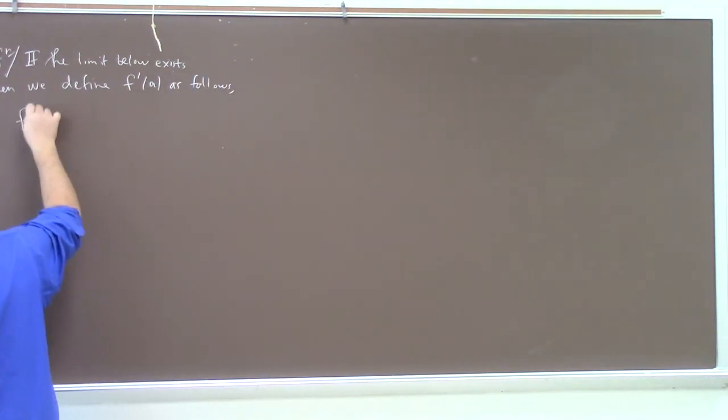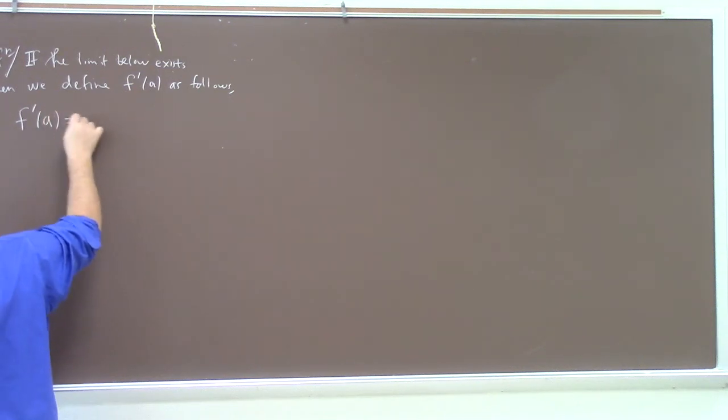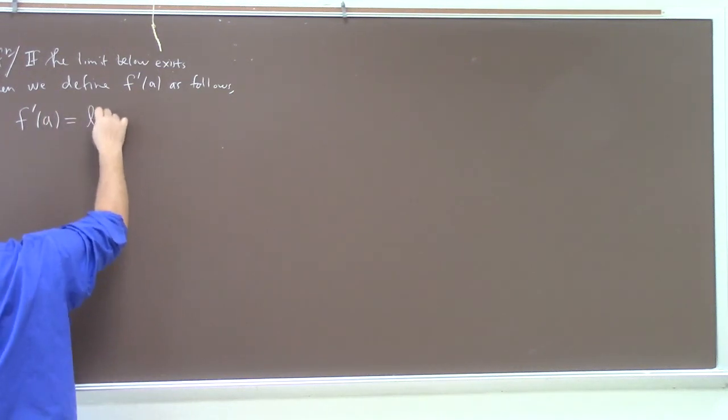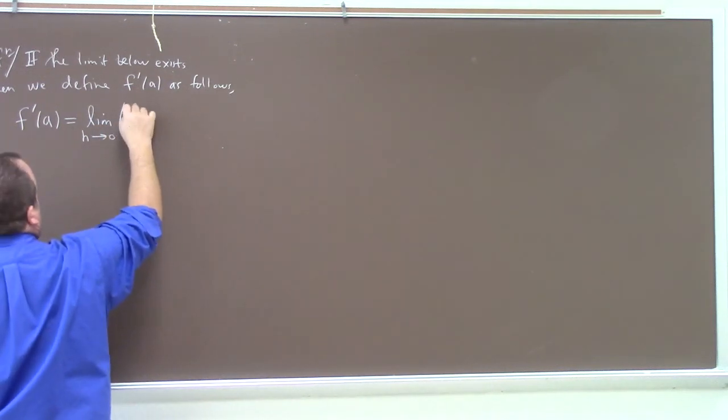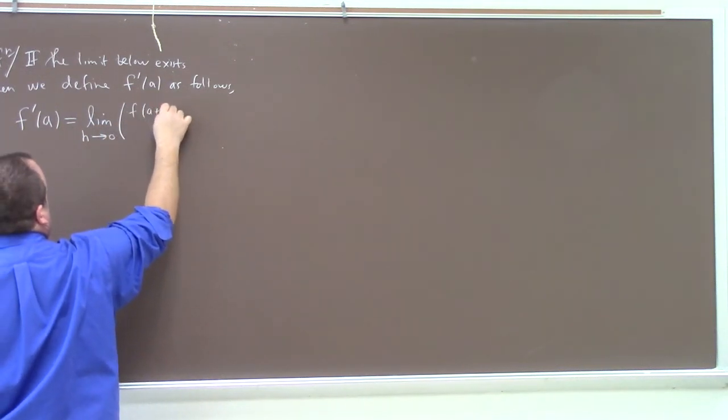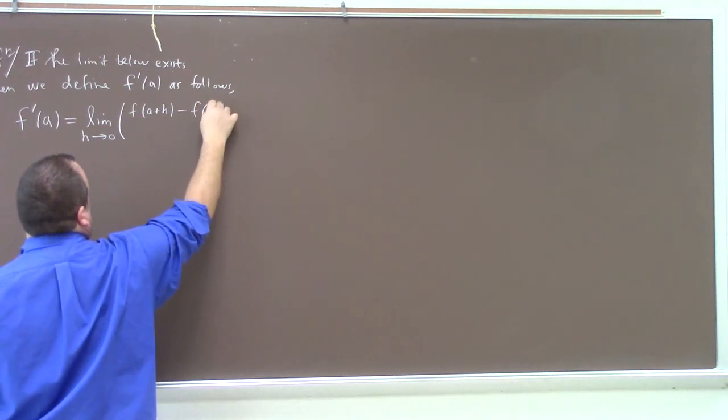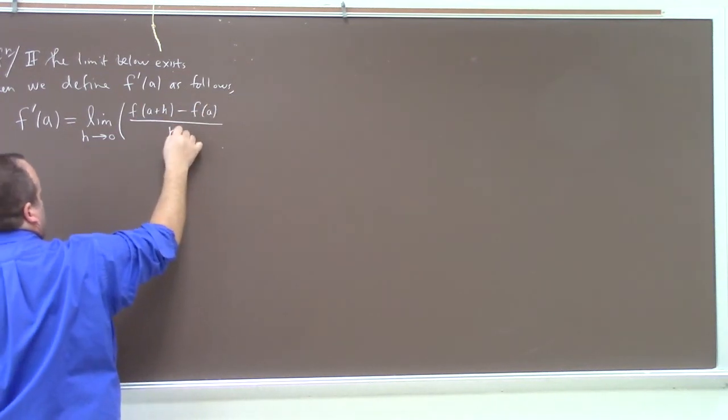So you guys remember, f prime of a is the limit as h goes to 0 of f of a plus h minus f of a, all divided by h, right?